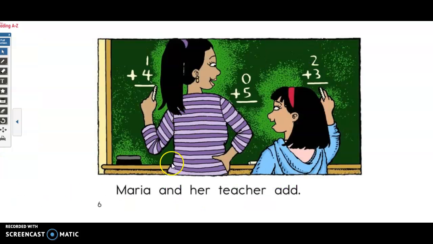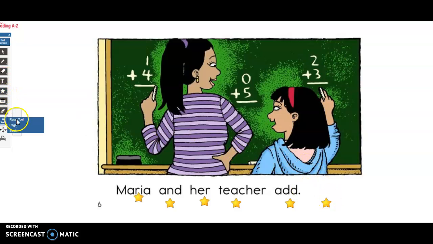Next one. Try to read it yourself. Get your mouth ready for this tricky word down here. Maria and her teacher do math? Maybe. Let's stamp it. Maria and her teacher do math. Nope. Not enough words for that sentence.